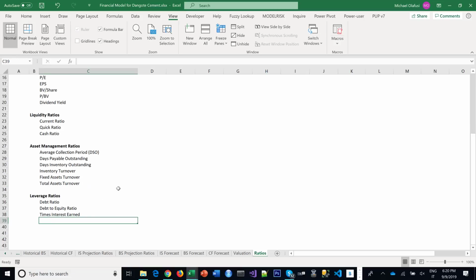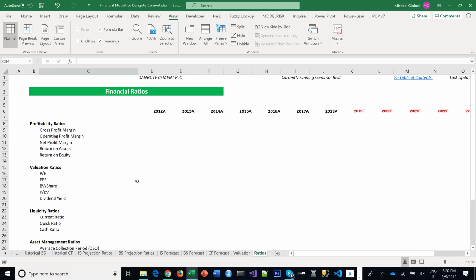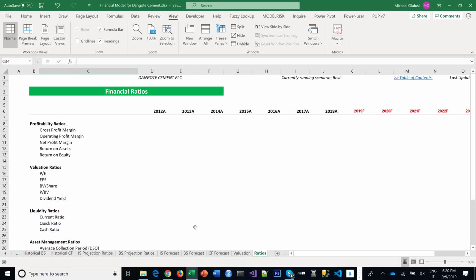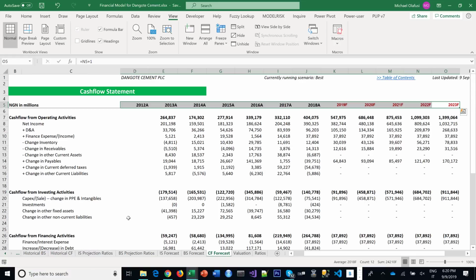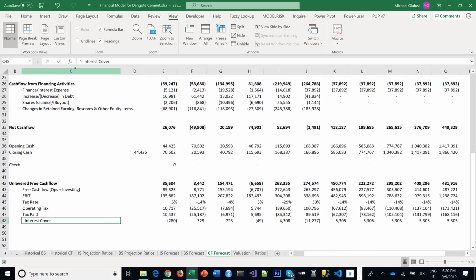These are the common ones. With the manual that those who have purchased our course have, you will see the formulas to compute all of these. And maybe just one last thing. I think here where I wrote interest cover, it should be tax cover. So tax cover. Okay, so I guess that's the last thing to modify.